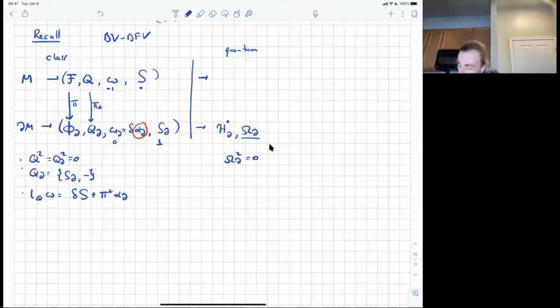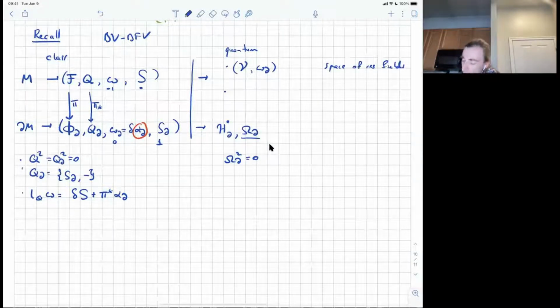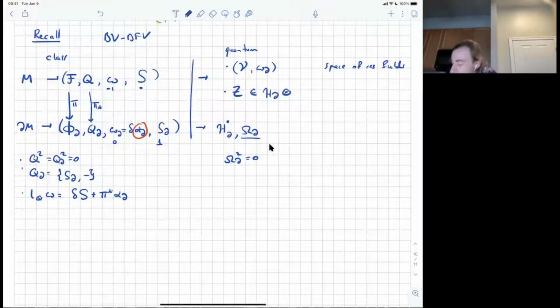And to the bulk, you assign two objects. One is a certain odd symplectic space, the space of residual fields. And also you assign to the bulk the partition function, which is an element of the space of states for the boundary tensored with functions on the space of residual fields. More precisely, it should be half densities rather than functions, but let me omit this subtlety.